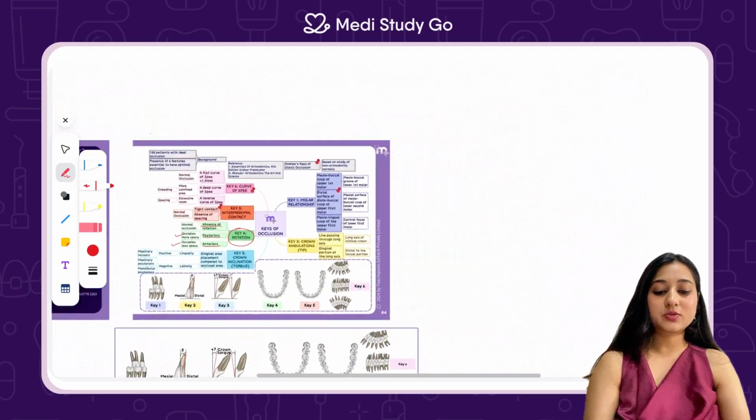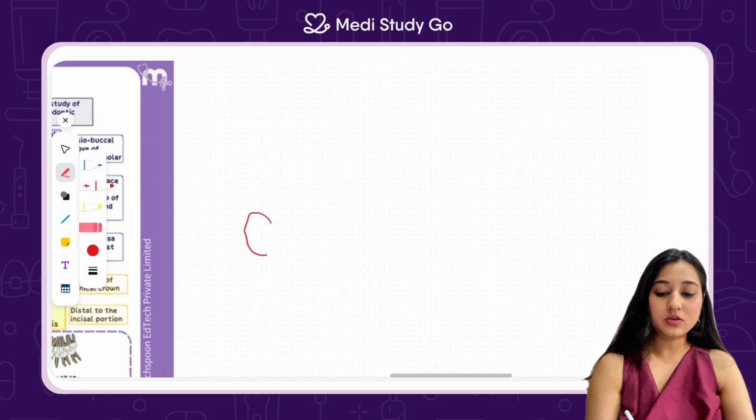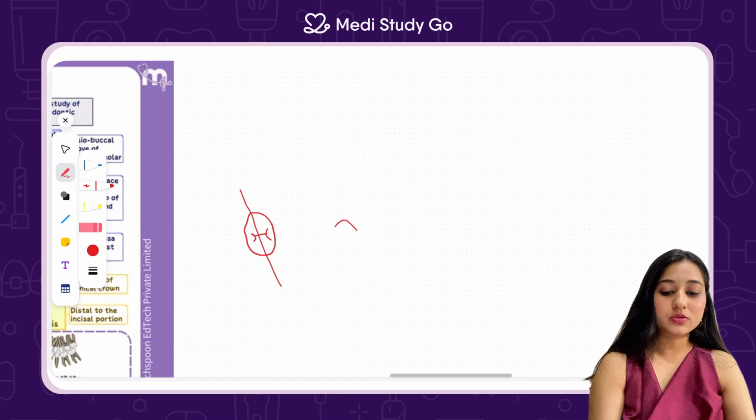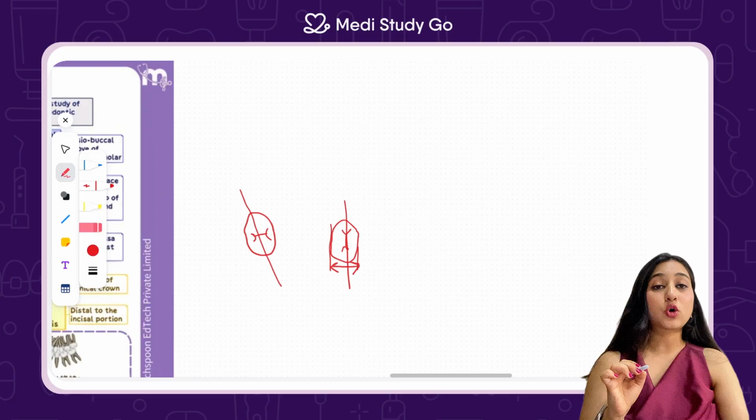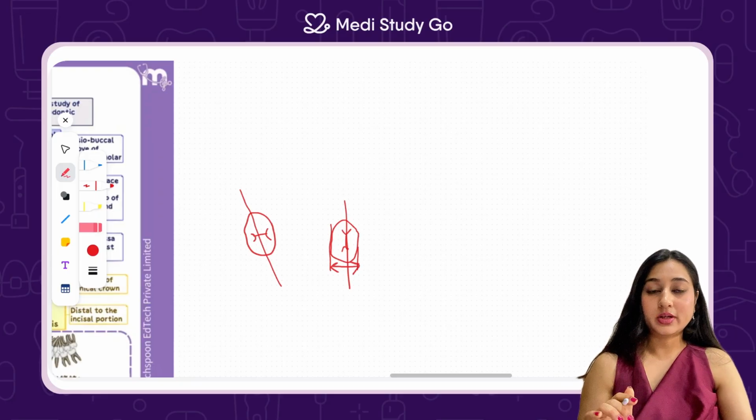Let's understand this with a small illustration, taking the example of a posterior tooth. Let's say this is a premolar. This is slightly rotated. This is the axis. A normal tooth which is not rotated will have a straight axis like this. Now ideally, taking the edges, this much would be the space occupied by a posterior tooth that is normal, not rotated.